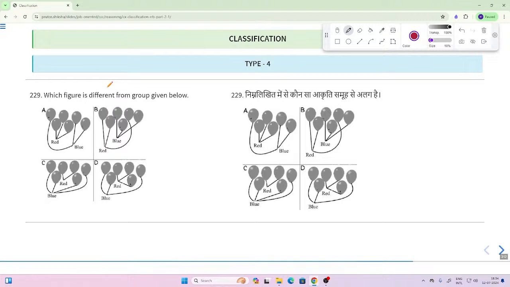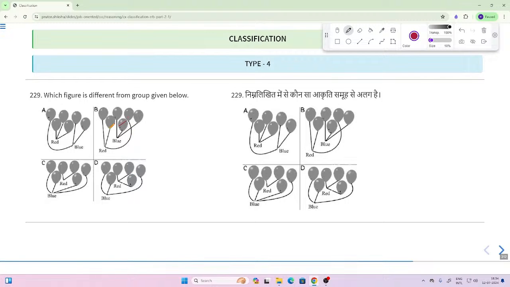Which figure is different from the group given below? Okay. So this consists of 4 red balloons and 3 blue balloons. This figure B is again 3 red and 3 blue. C is 4 blue, 2 red, and D is 3 blue, 3 red.